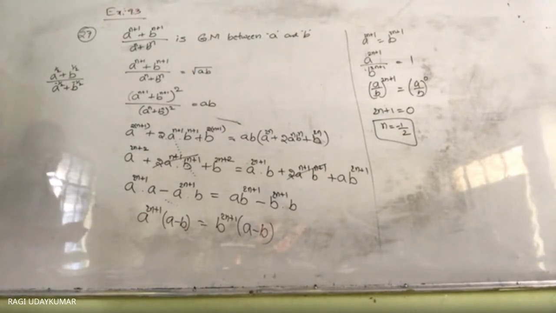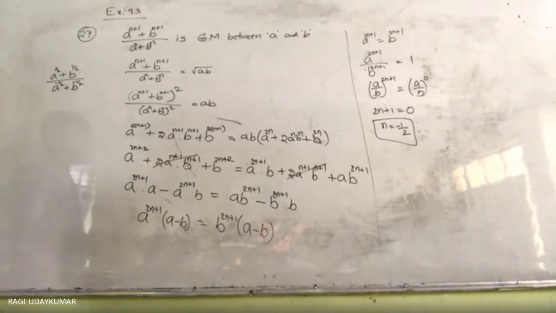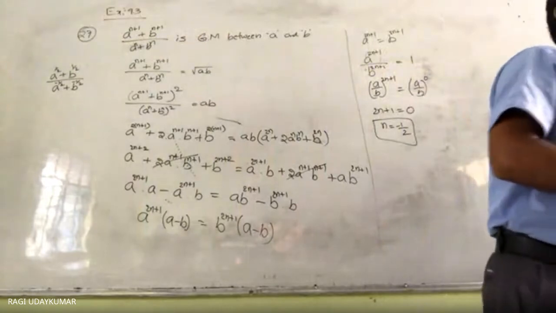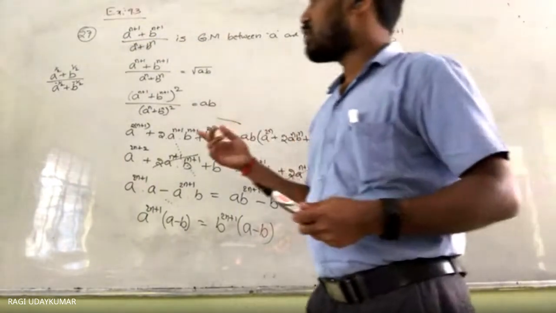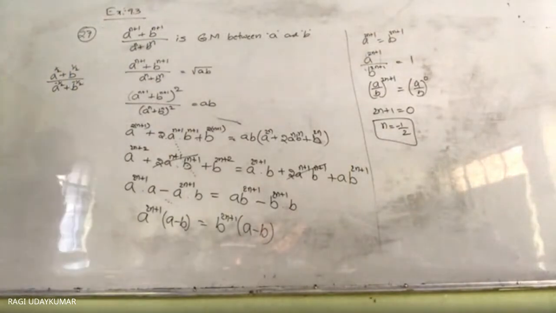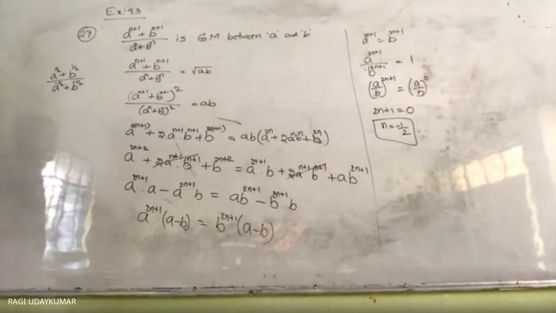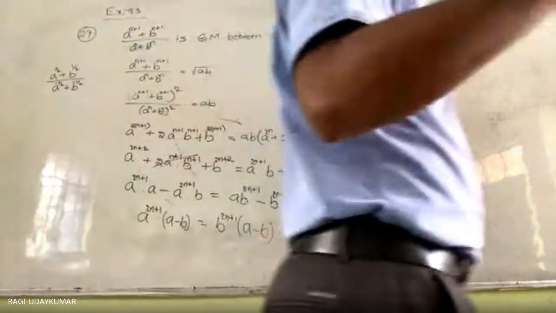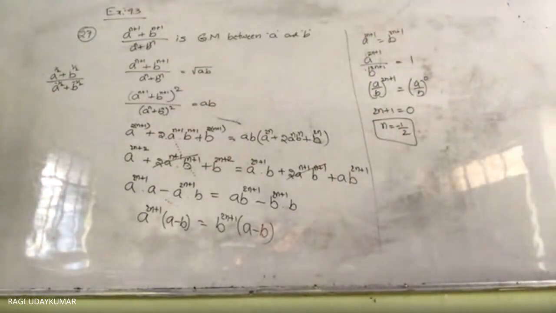You have to check after getting the answer. You need to get these types of questions in your mind. Substitute a^(1/2) in this. Wait, let everyone do it. I am giving some scope for you to do it.